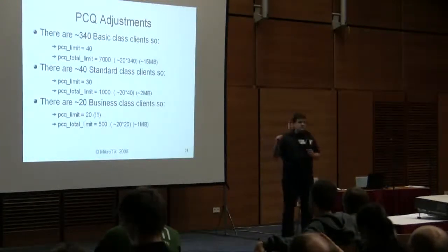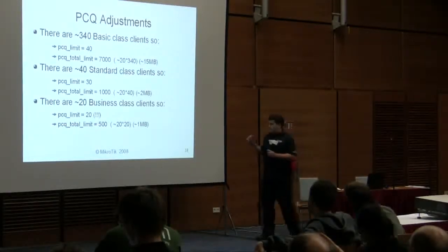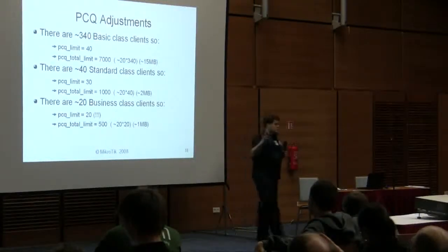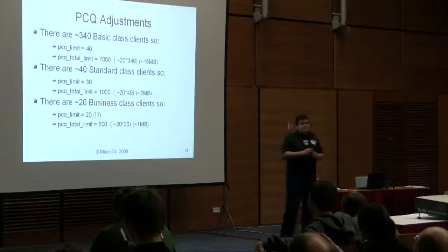So let's put 7,000 there instead of 2,000, and the same for other things. And the more speed the client has, the smaller queue size you can select. That's also a suggestion.